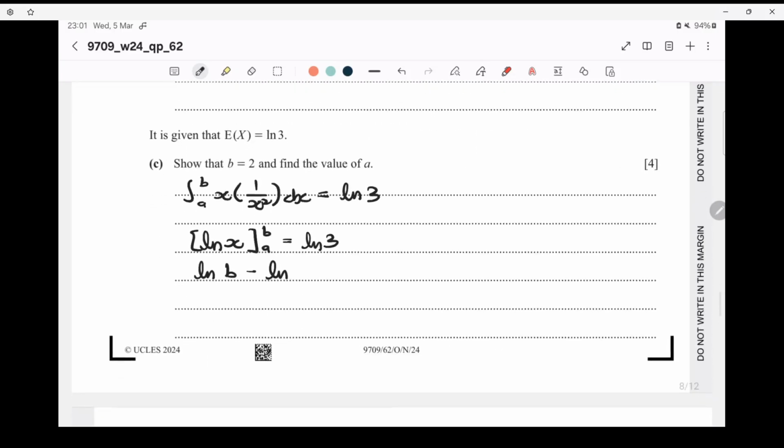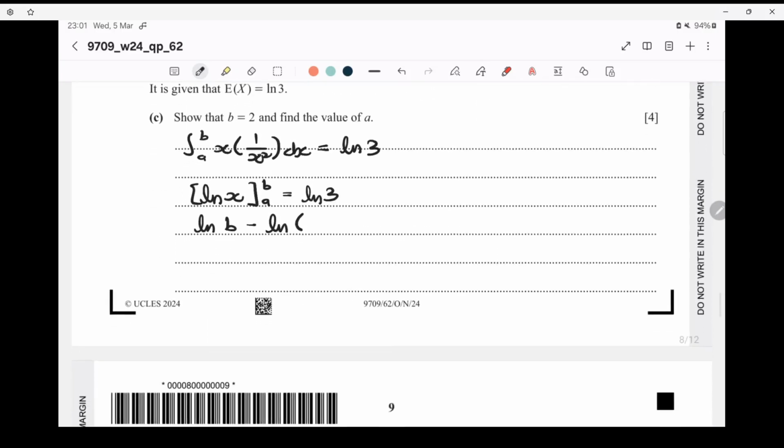But we also know that A equals B over B plus 1. So the one on the left, ln B minus ln of that. Basically you can combine them together.